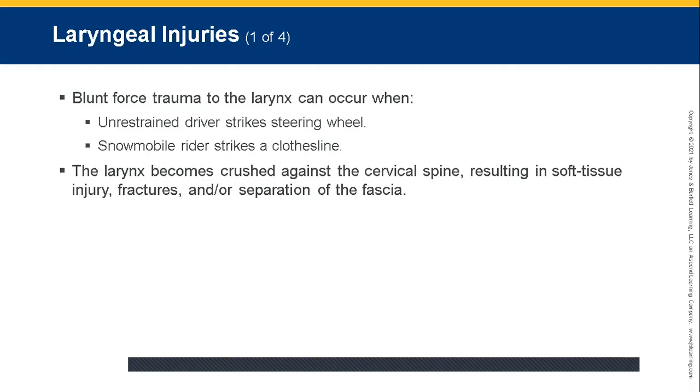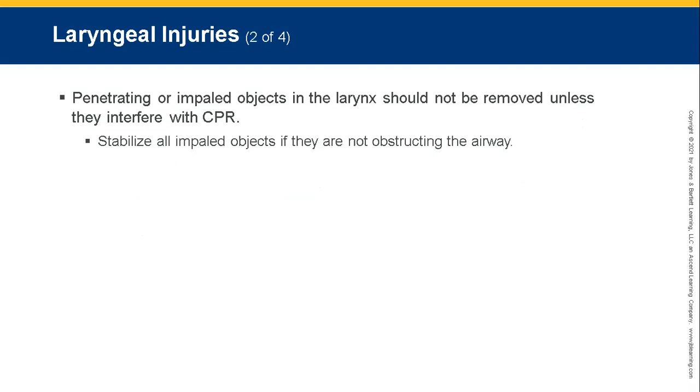The larynx becomes crushed against the cervical spine, resulting in soft tissue injury, fractures, and/or separation of the fascia. Penetrating or impaled objects in the larynx should not be removed unless they interfere with CPR, so only if there's an airway issue. Stabilize all impaled objects if they are not obstructing the airway.